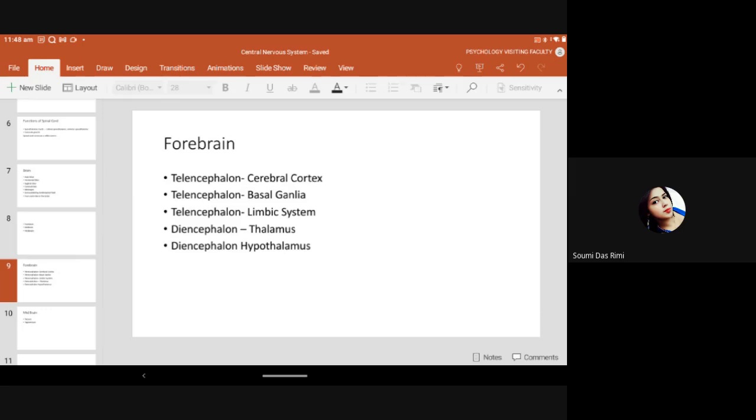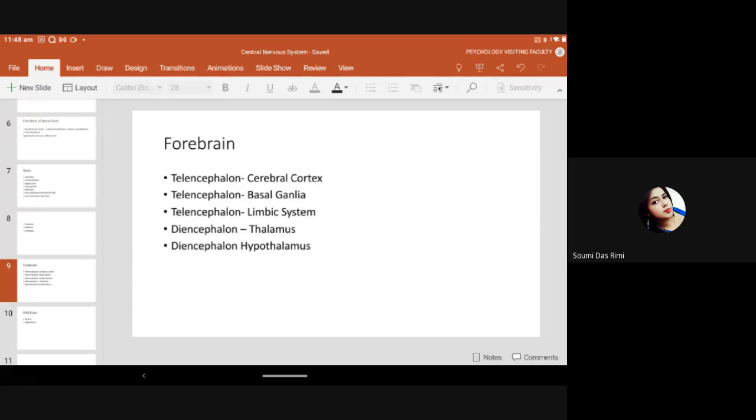Now, the limbic system is also known as the old brain. This is another name of the limbic system. And the word limbic means ring. Functions related to all emotional expressions and motivation, etc., are controlled by this system.